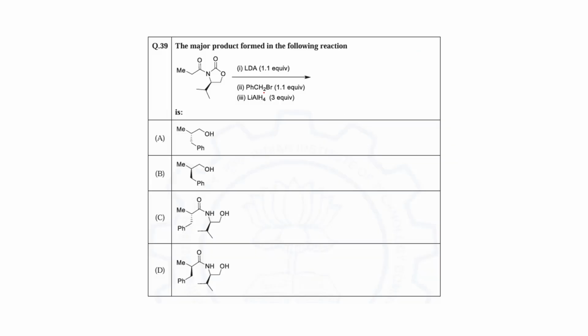So this is one of the questions. What will be the major product formed in the following reaction? They have given LDA. LDA is a base. In presence of LDA, it will take a proton from here. After that, if you add alkyl bromide, it will attack this center and remove the bromide from the system.